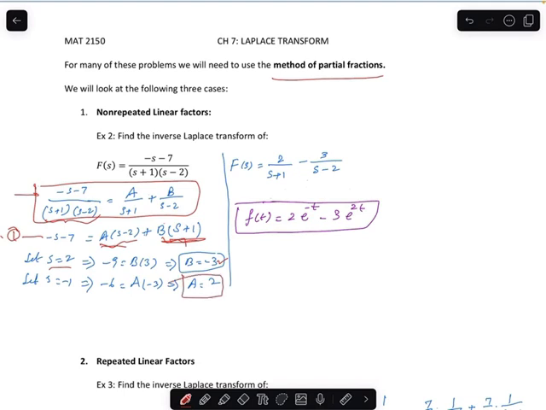Now that we have our constants, we go and rewrite our Laplace transform using these A and B as partial fractions. This is what we call the partial fraction decomposition.